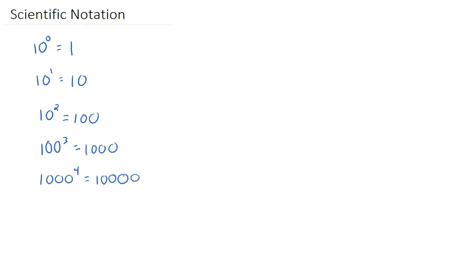Similarly, with going up in exponents, if we go down in exponents, we get a similar effect. So if I take 10 to the negative 1, that's telling me that I am dividing by 10 one time. Well, as a decimal, that's going to equal 0.1 or 1/10, the tenths place.